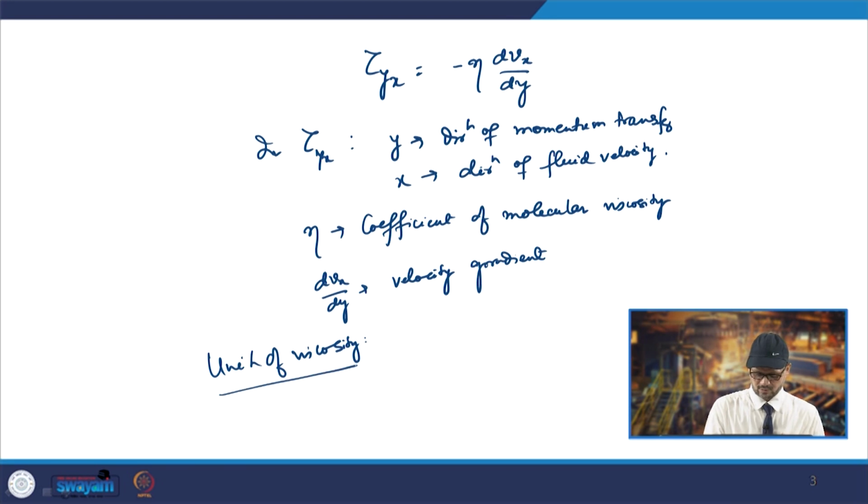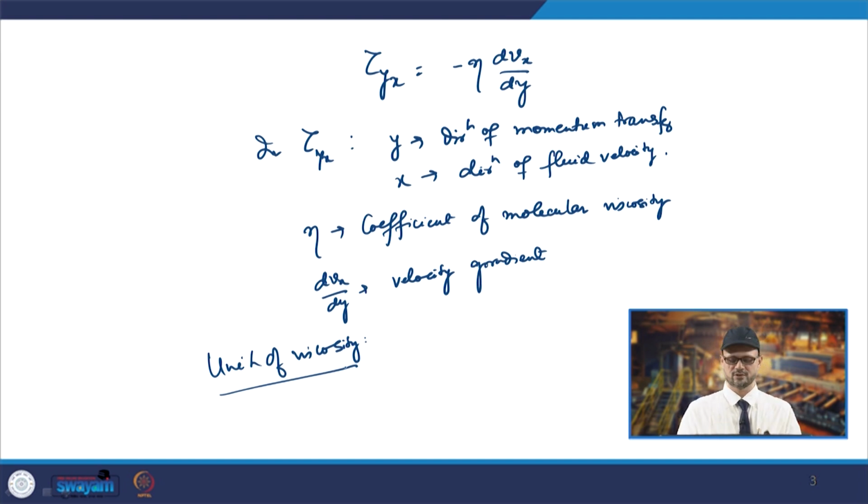so what we do is, in SI unit tau has the unit of Newton per meter square, and then you will have this is meter, and this way you have meter per second. So, accordingly you can have the unit of viscosity, and that is kg per meter second.